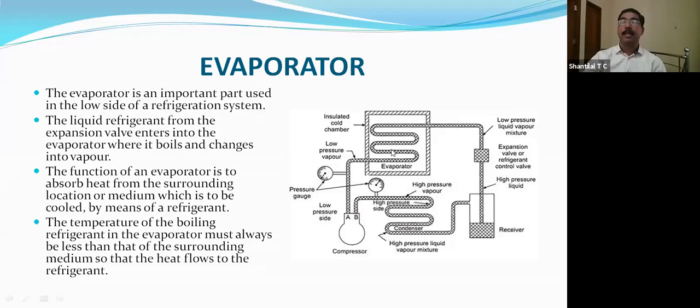Then this low pressure, low amount liquid refrigerant absorbs heat from the refrigerated space. In the refrigerated space, heat is available, from air or substance. The evaporator coil absorbs sensible as well as latent heat from the surrounding space, and this liquid changes to vapor and the surrounding space is cooled.